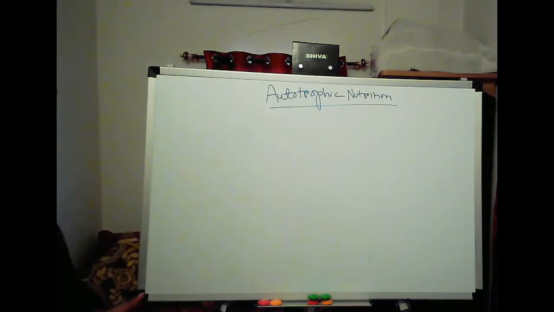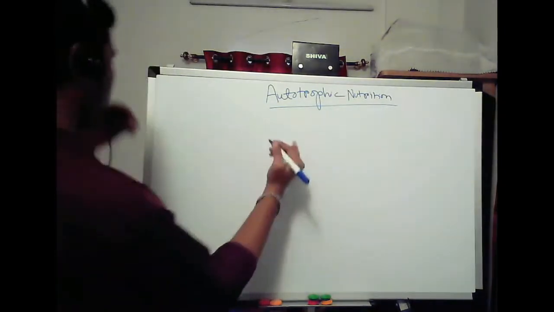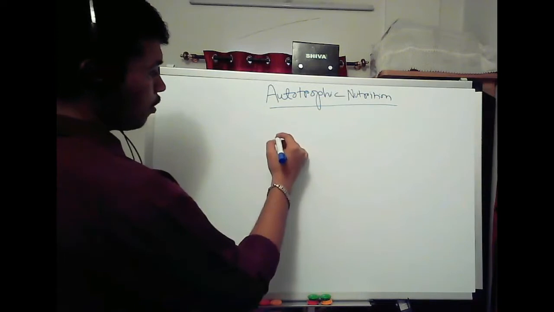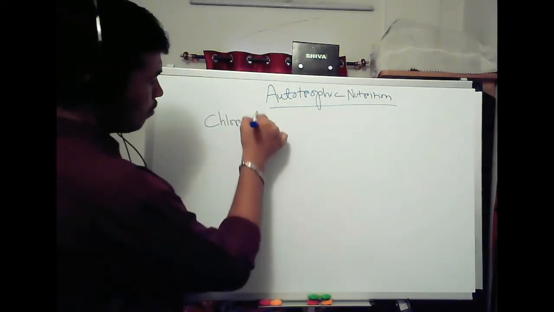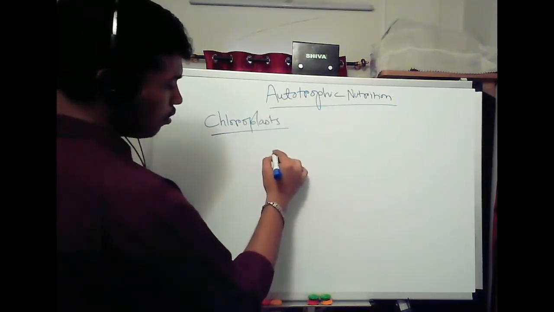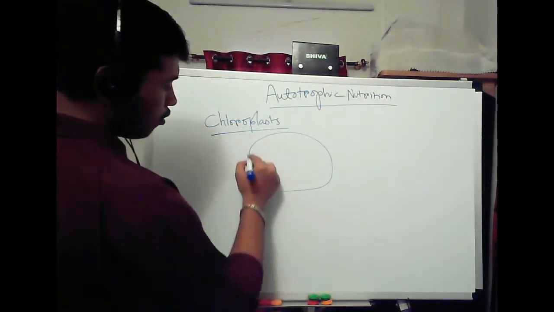Now, where is the chlorophyll present? In plants, in the plant cell, there are chloroplasts, various chloroplasts. Now, how do they look? For example, I'm drawing a chloroplast over here. This is a small chloroplast.